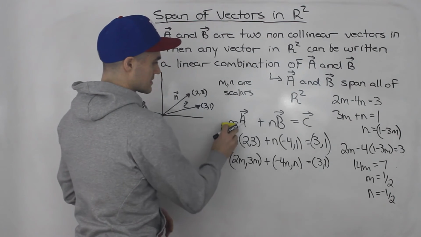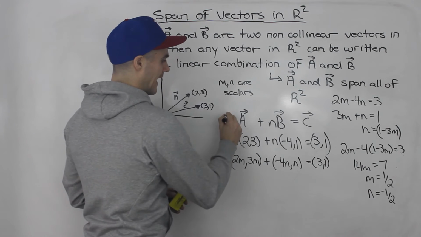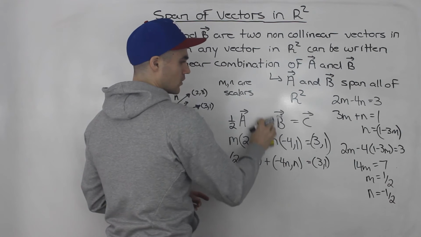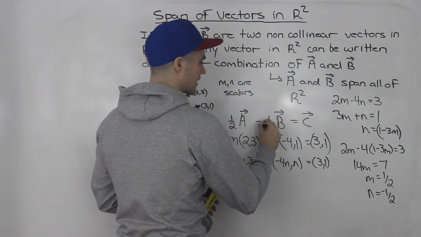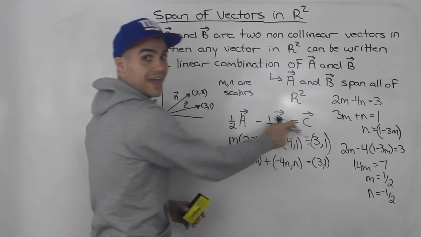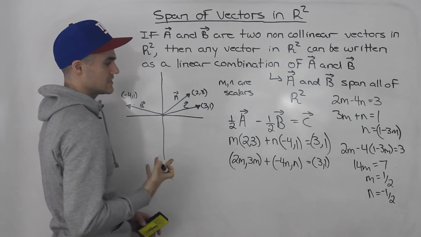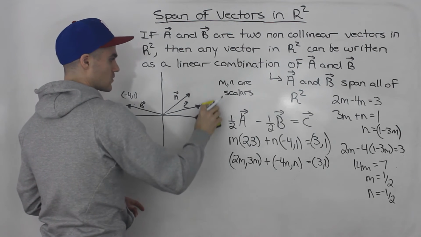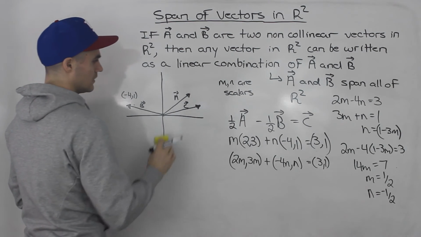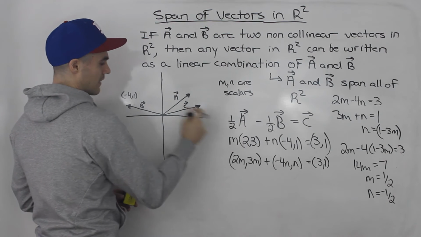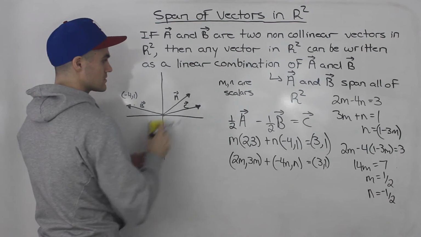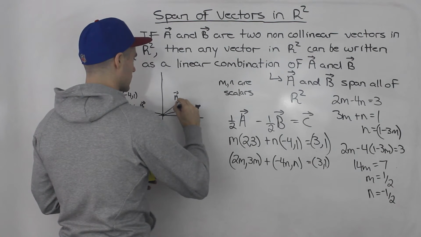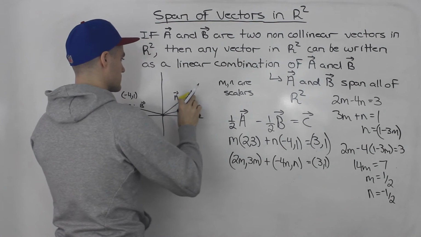So that means that if we take 1/2 of vector A and add, or because it's a negative, we would be subtracting 1/2 of vector B, we would end up with this vector C. How that looks visually, let me just erase these coordinates here for now, is we're going to take 1/2 of A. Notice this is the full A here, so if we take 1/2 of it, that would maybe look, let's say, like maybe up to here.